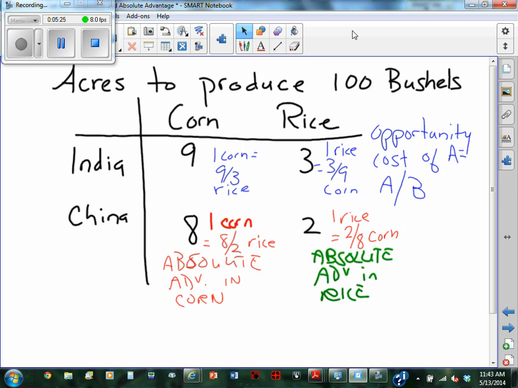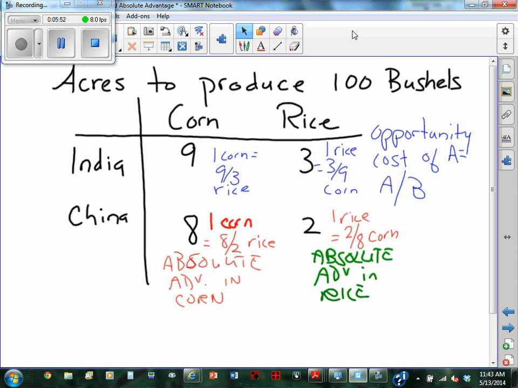So every bushel of corn that India produces costs 3 bushels of rice. And every bushel of corn that China produces costs 8 halves of rice, or 4 bushels of rice. So 1 bushel of corn costs India 3 bushels of rice, and 1 bushel of corn costs China 4 bushels of rice. Who does it cheaper?